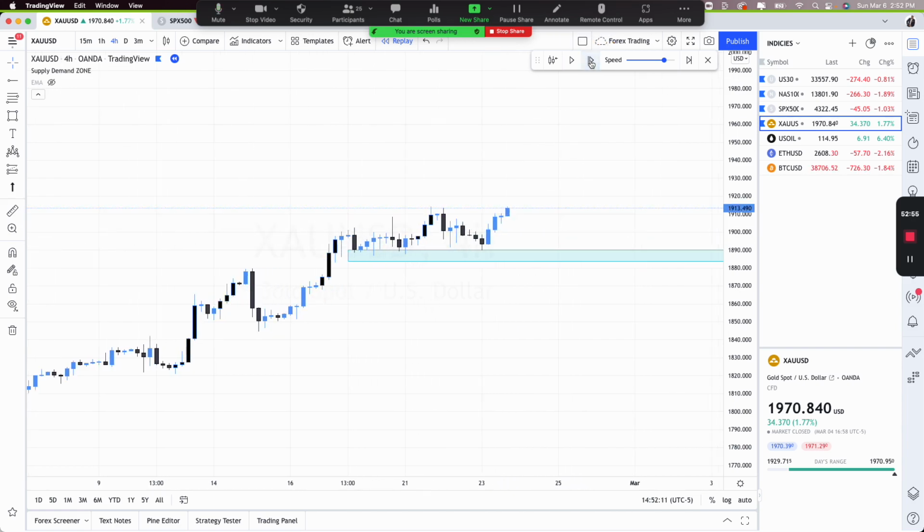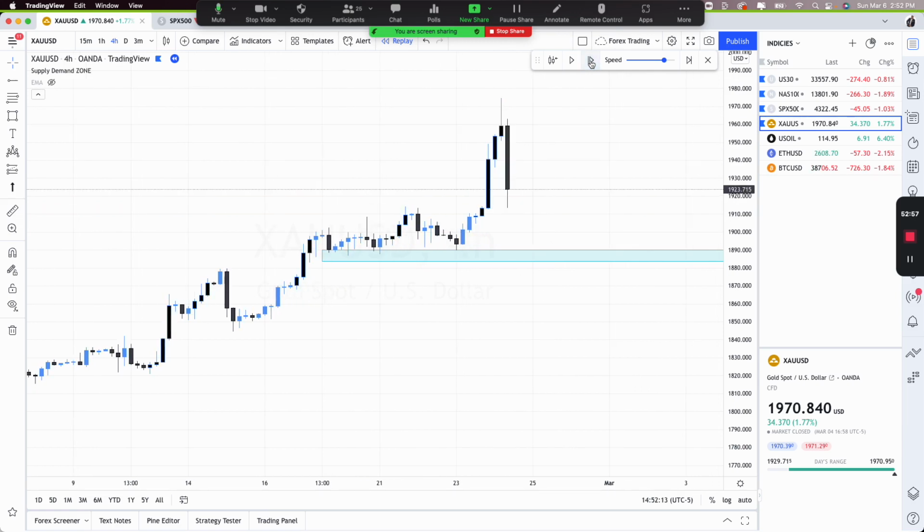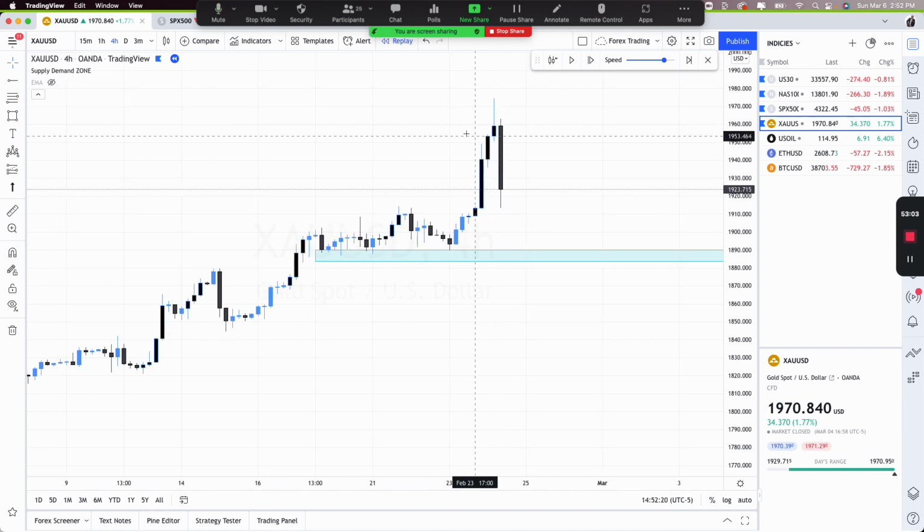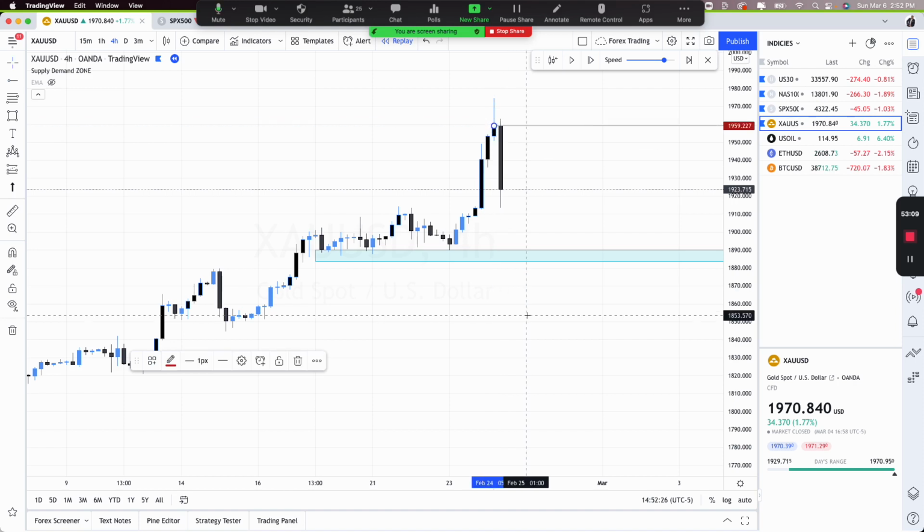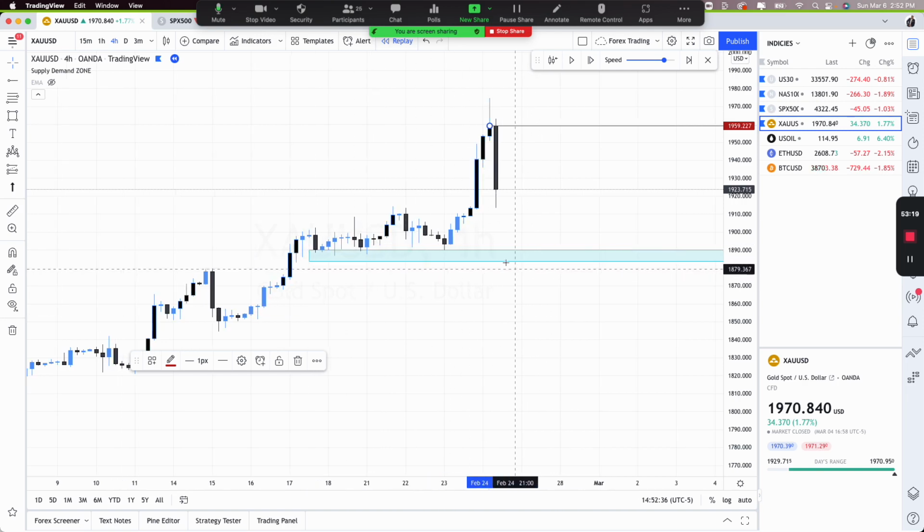Not in there yet. Has to make a high and come back. Once it makes that high, now I'm looking for the re-entry. Here's my target. That's what you need to understand. When it leaves, you need it to make a high or low and then come back. Cool. So my entry will be in this area.